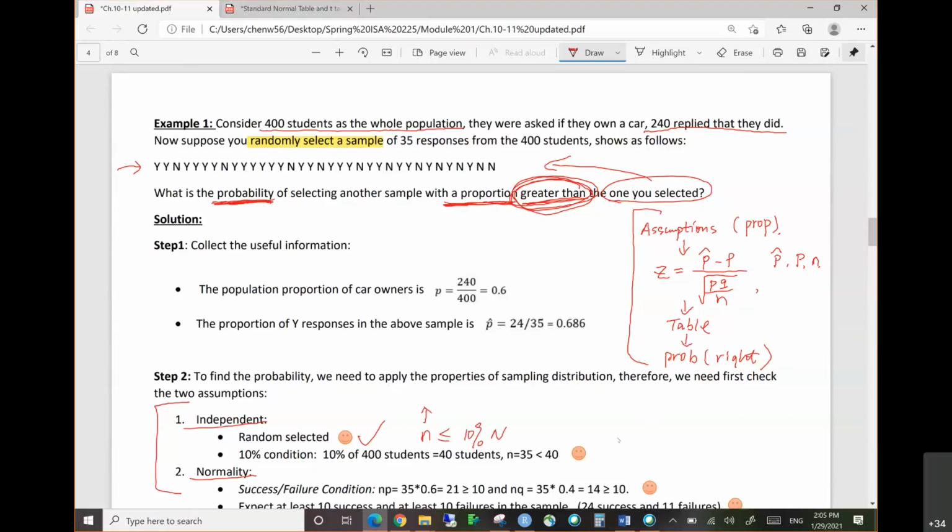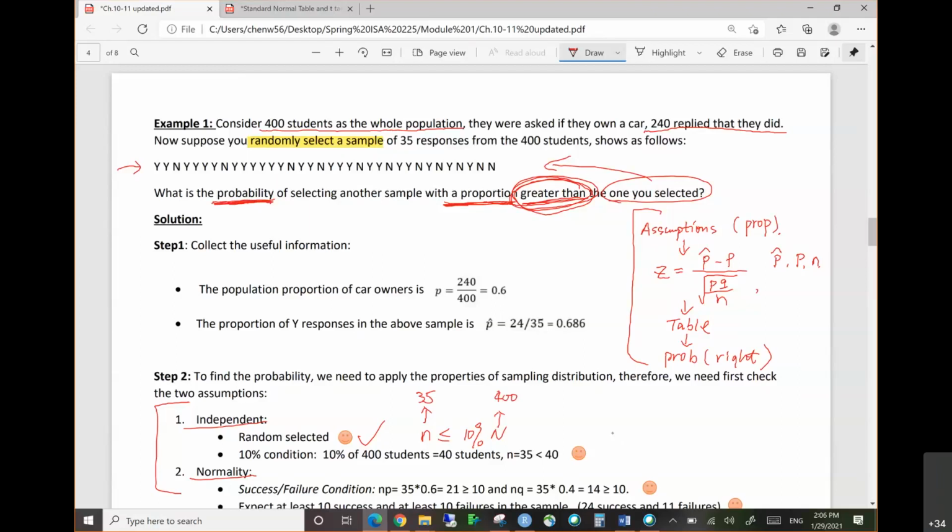Alex, what is the value for this n? I would say the small n is 35. 35, right? Perfect. What is this big N? 400. 400, right? So this 400 is the population size.